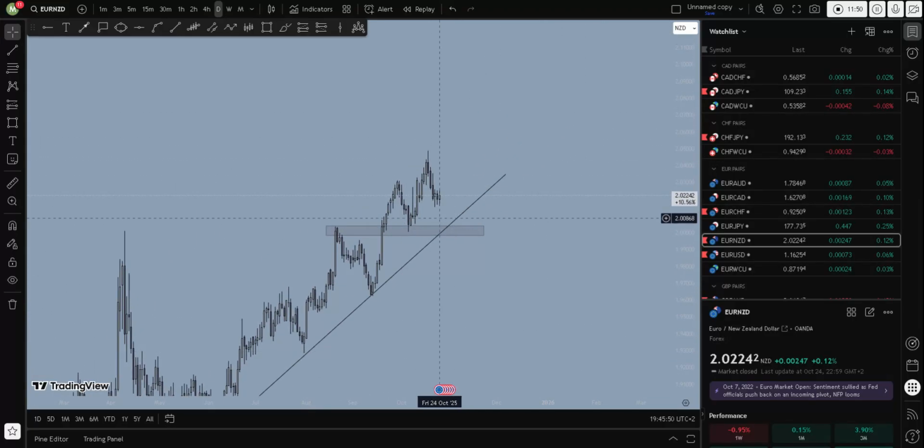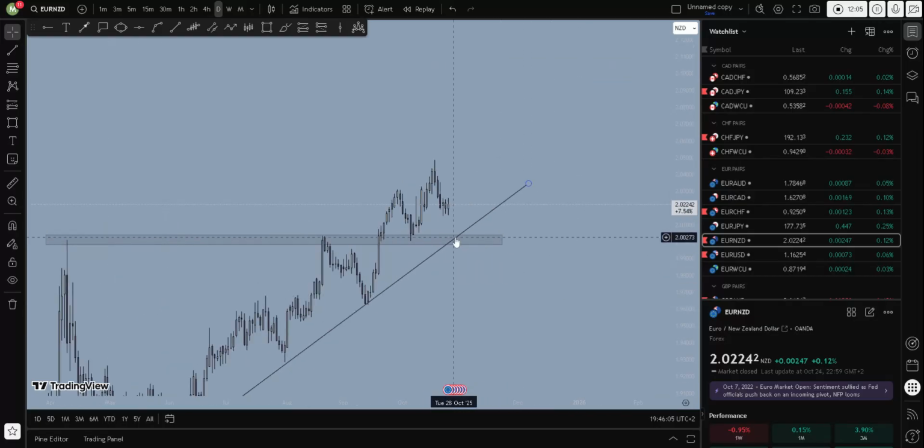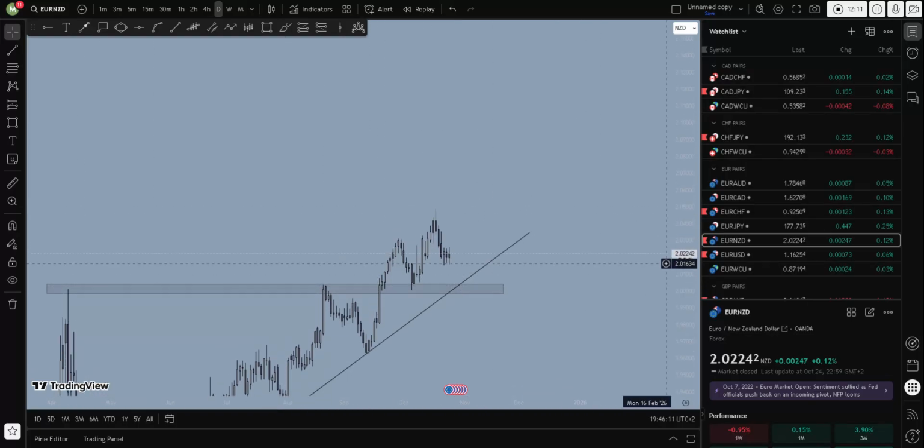Yeah, if we get the pullback tomorrow, we can even use the touch as a trend line, right? Support holds, we can look to buy. Simple as that, right? It's as simple as resistance turning to support. Okay, market is bullish, so we must look to buy. So that's actually looking decent.